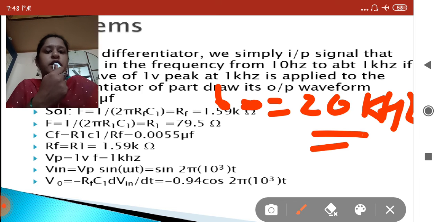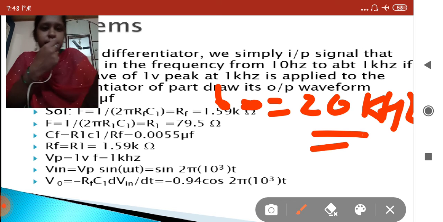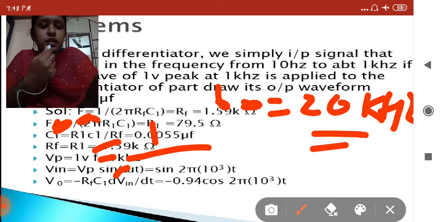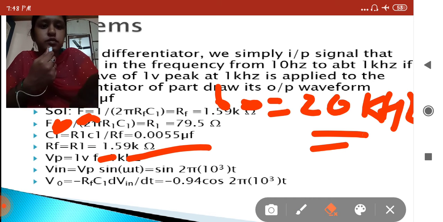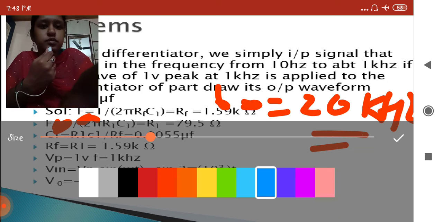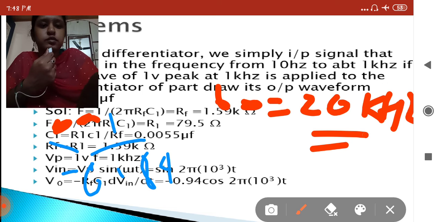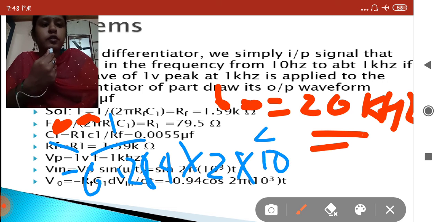This is fb and this one is fa. fb equals 1 divided by 2 pi R1 C1, which is 1 divided by 6.284 into 20 kilohertz into 0.1 into 10 raised to minus 7.